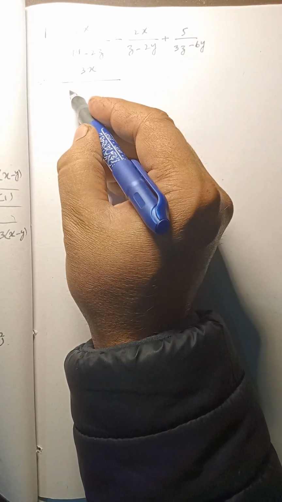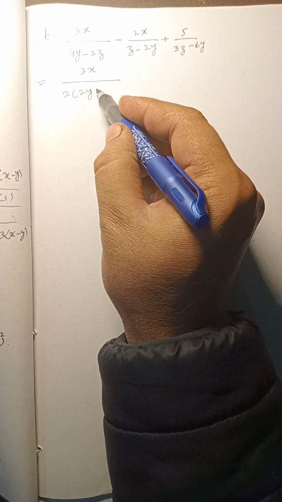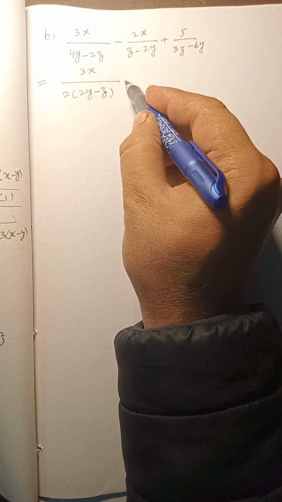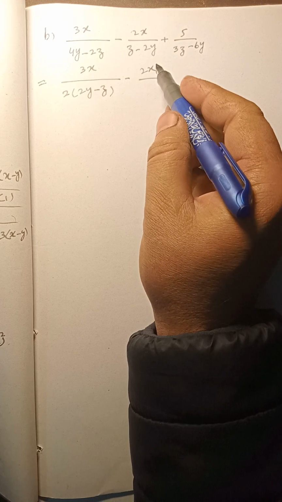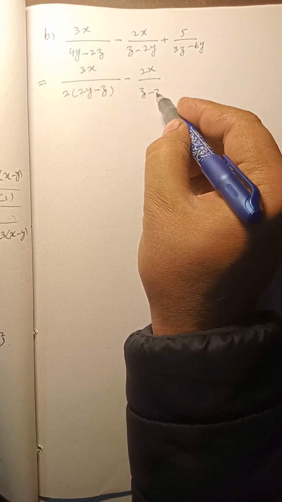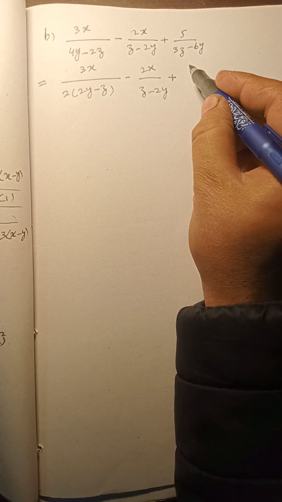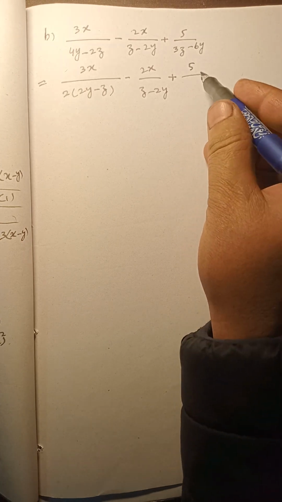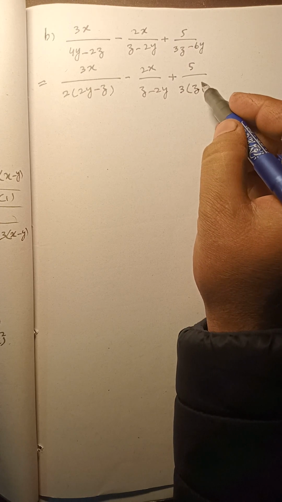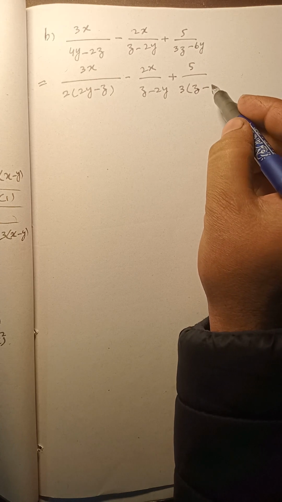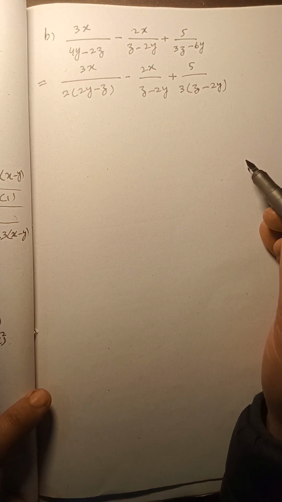2 can be taken as common, so 2y, 4 when divided by 2, answer is 2, minus z here, minus 2x over, we can't take anything common, z minus 2y will remain same, and plus from here 5, we can take 3 as common, and then 3z minus 3 2s are 6, 2y will remain inside the bracket, 3 2s are 6.